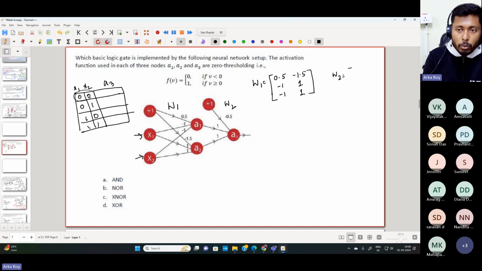Similarly, W2 will be, since you just have one neuron at the output, only three connection weights. So you can write it like this: 0.5, 1 and 1.